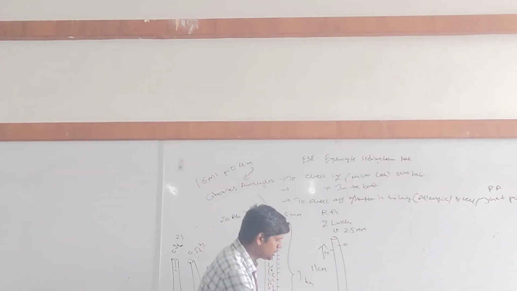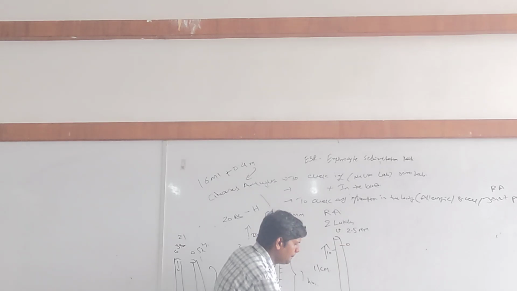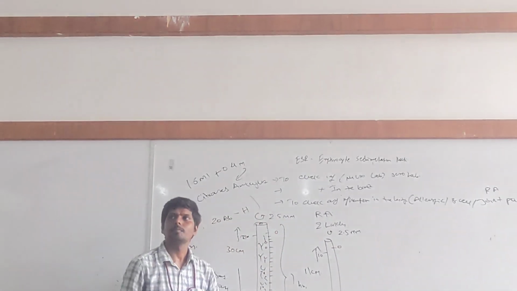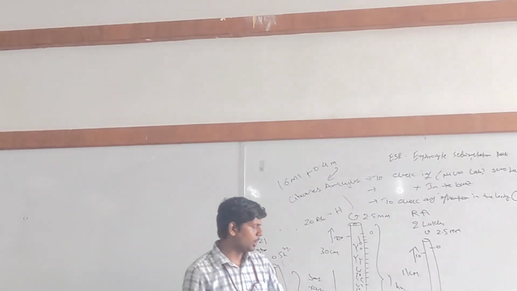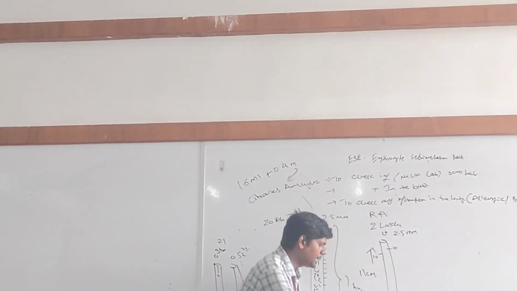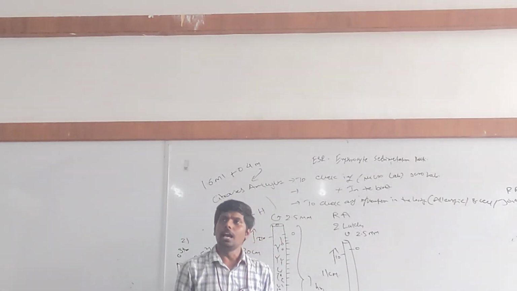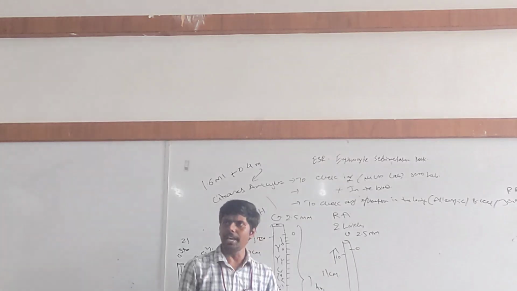Females, this is 0 to 15 mm per hour. Males 0 to 7 millimeters per hour and females 0 to 15 mm per hour.